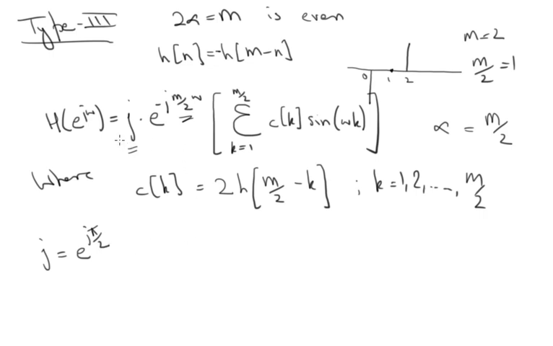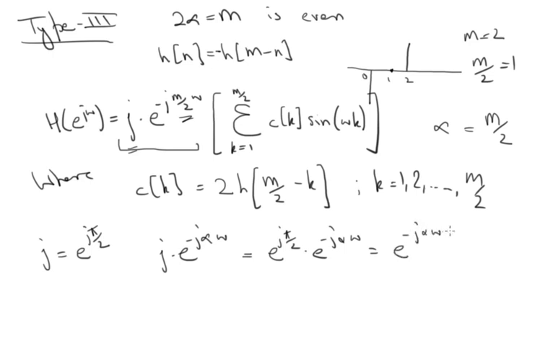Then this whole term will become j into e raised to power minus j alpha omega equals e raised to power j pi by 2 into e raised to power minus j alpha omega, and it will become e raised to power minus j alpha omega plus pi by 2. So in this case your beta is either pi by 2 or 3 pi by 2.